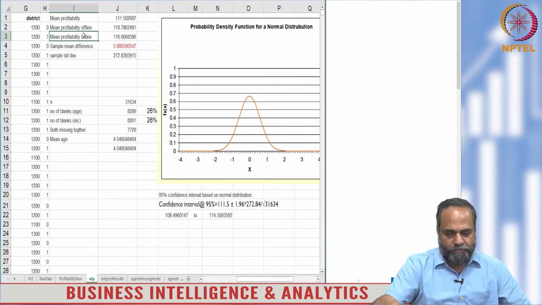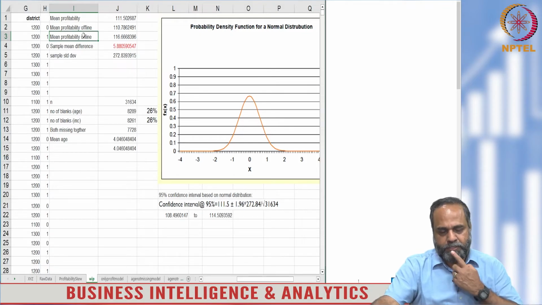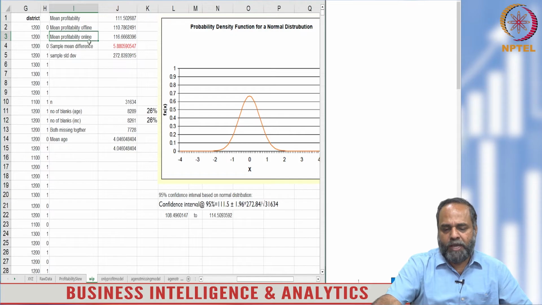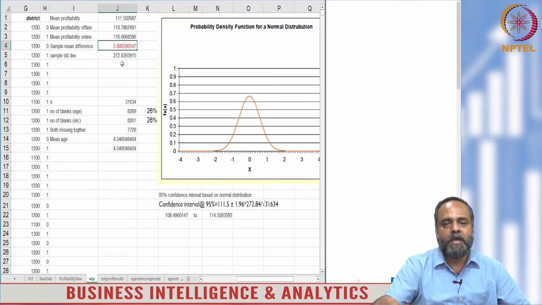The mean profitability of the online customers who have already adopted online banking is 116.6, which shows that for the given sample, online customers are more profitable than offline customers by a value of 5.88. That is the difference between the mean profitabilities of online and offline, with a positive value meaning online is more profitable than offline.